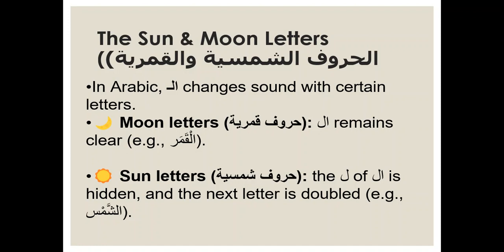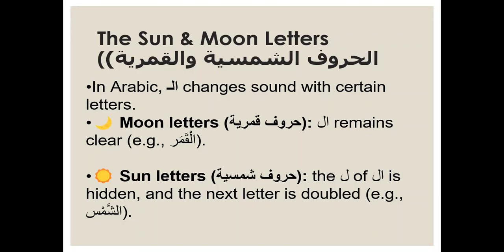For the moon letters, huruf qamariyya, whenever you add the alif and lam to a letter that belongs to this group, it remains clear, which means you will be able to pronounce the alif and lam.